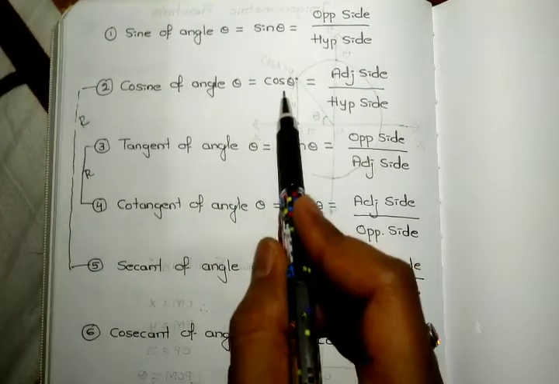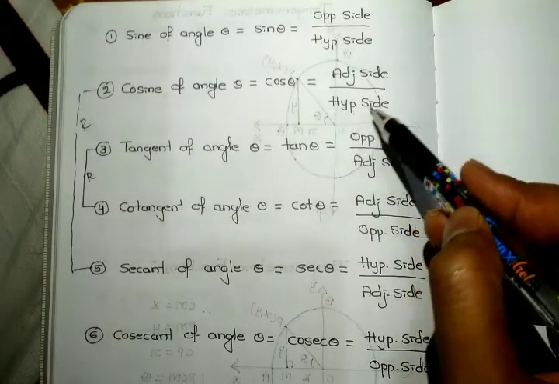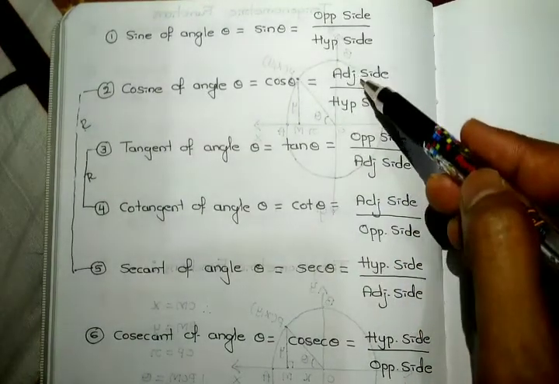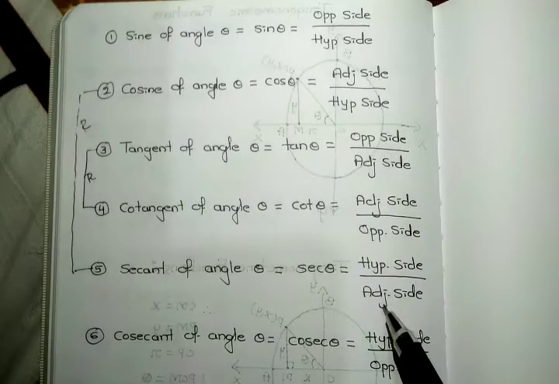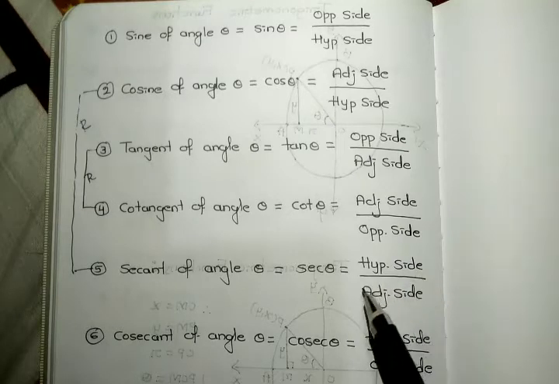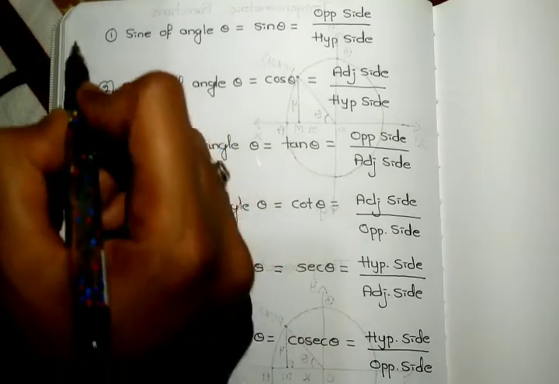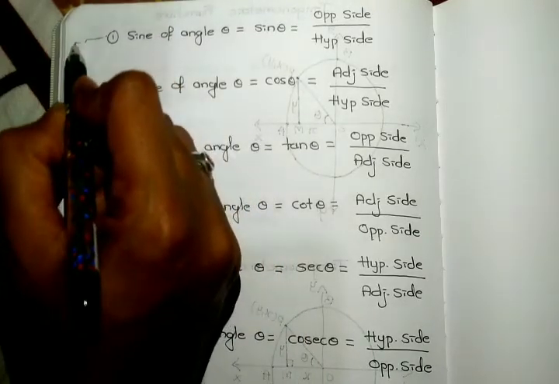Cos theta is adjacent side divided by hypotenuse side, and the reverse of cos is sec theta, defined as hypotenuse side divided by adjacent side. Next, these two are reverse.